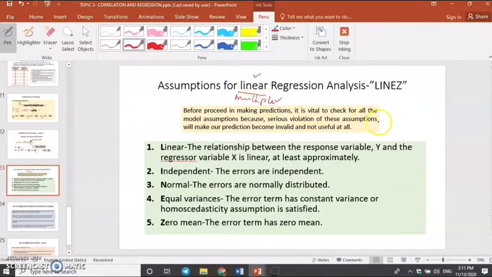Kalau linear, kita punya model ataupun kita punya regression line, biasanya kita akan buat Y hat sama dengan beta 0 plus beta 1 X1. Itu adalah linear. Tapi kalau you ada multiple, you kena tambah lagi satu, beta 2 X2. Let's say ada lain lagi variable, beta 3 X3. Nampak tak? Ini variable yang ada lainan. Ada 3, ada 2, ada 1, ada 3 variable.